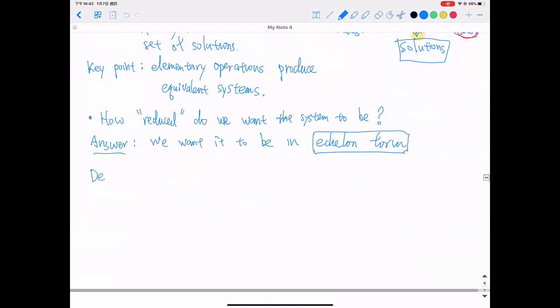The definition actually is for matrices. Okay, so let's say an m by n matrix, call it B, is in echelon form if the following happens.